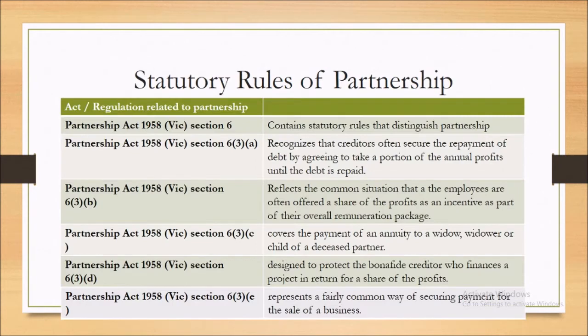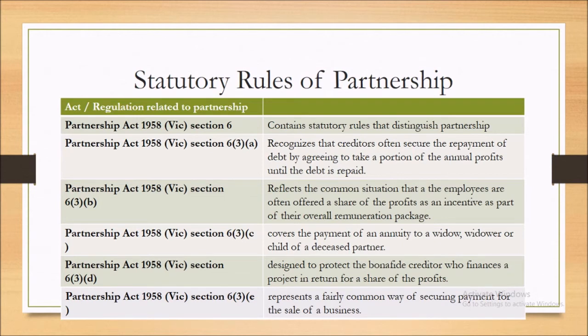And going to the statutory rules which govern partnerships, of course we can see the Partnership Act of 1958 and its subsections. Under the Partnership Act of 1958, which is related to the state of Victoria, Section 6 contains the statutory rules that distinguish partnerships, right? Section 6(3)(a) recognizes that creditors often secure the repayment of debt by agreeing to take a proportion of annual profits until the debt is repaid.